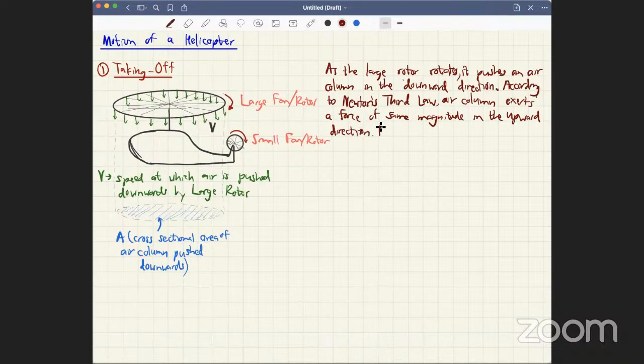This force is the lift force, or sometimes they call it the thrust force. Also, it's getting lifted off now, people. This force is called the lift force.